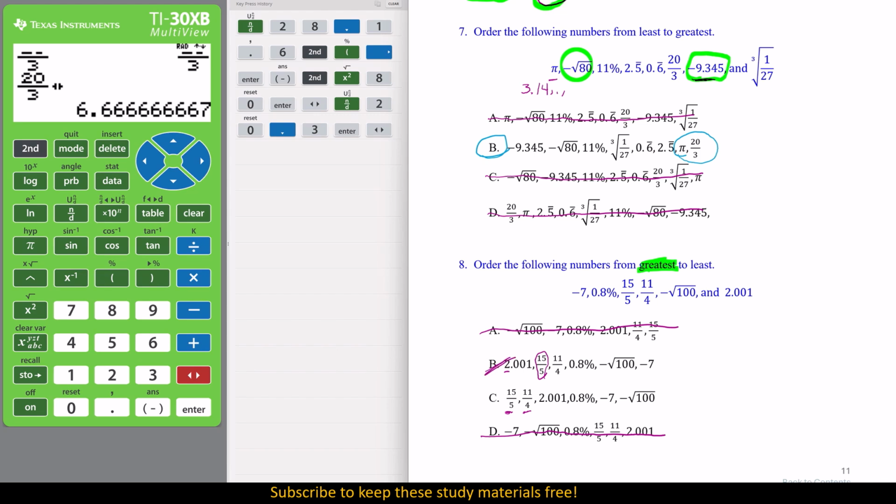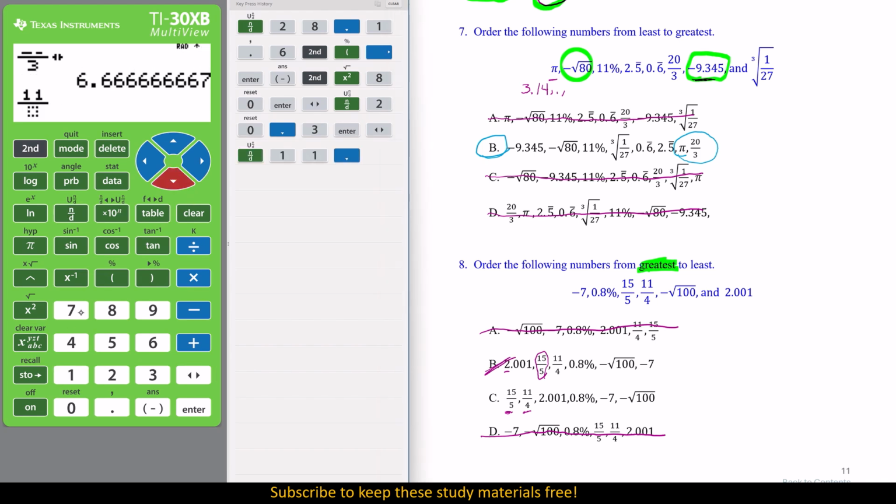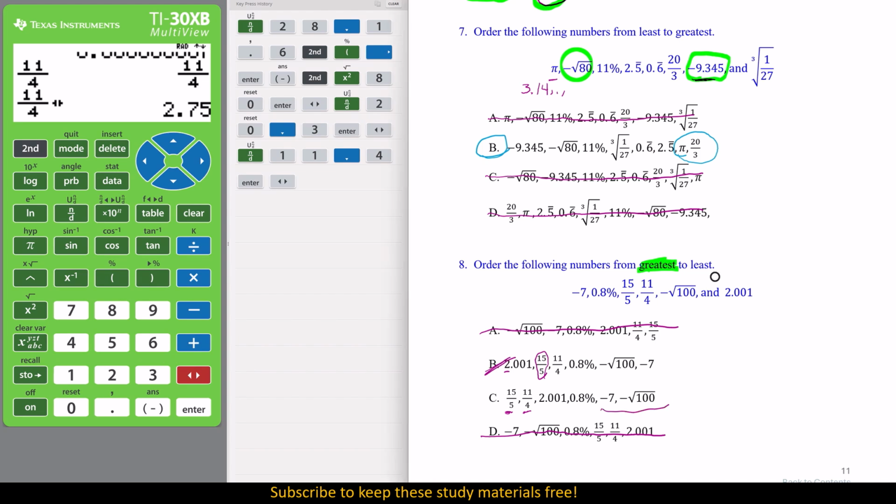So now we're at the point of actually verifying C. All right. So we know that the first one is 3, 15 over 5. So put your fraction in 11 over the 4, push enter, and your toggle. There you go. That makes sense. You have 3, then 2. Okay, now we check which ones are the most negative. Are they in order? Well, we see -7.